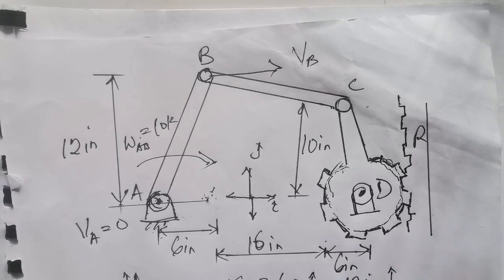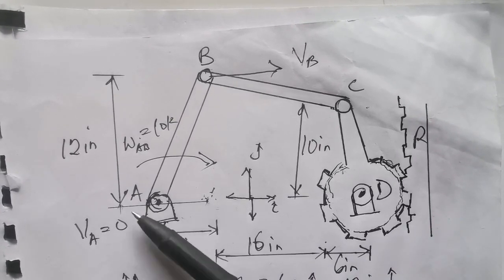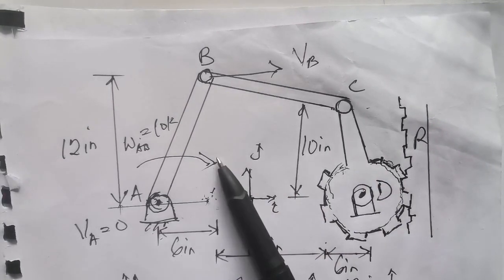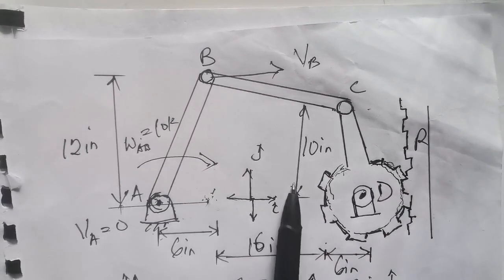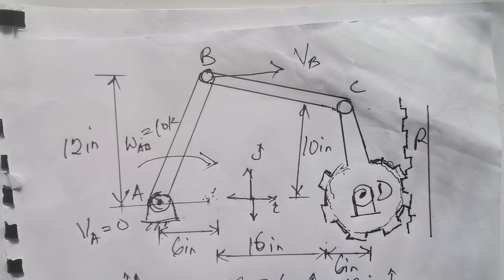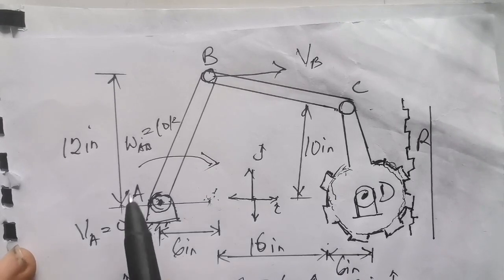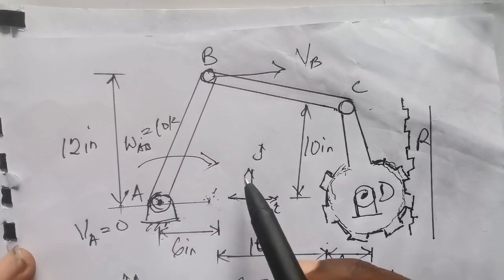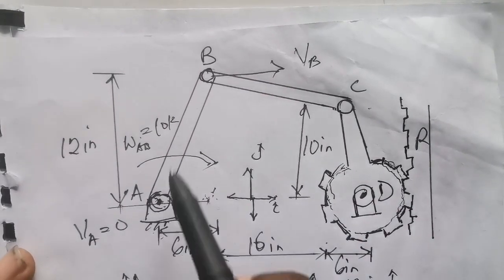the rack. Now this is the whole system, and we are told that AB is rotating with an angular speed of 10 radians per second clockwise, which means it's going about this direction. And in all the videos I've done on kinetics of rigid body, I've said if an arm is rotating with a given angular speed, then at the free end, remember we have 2 points, the fixed and the free end.